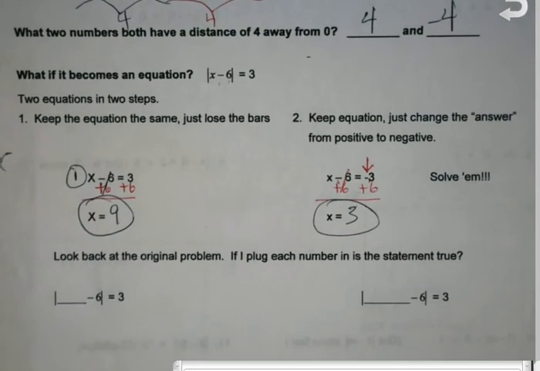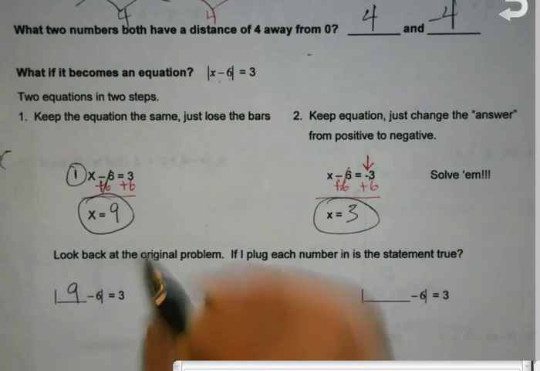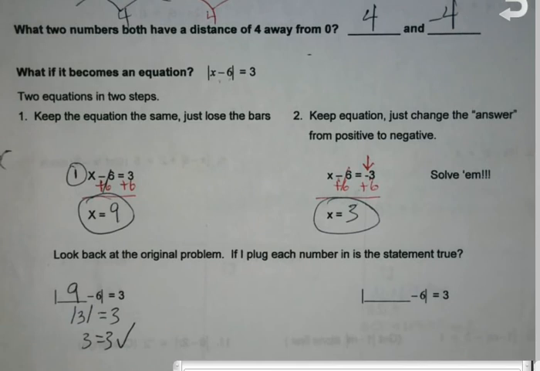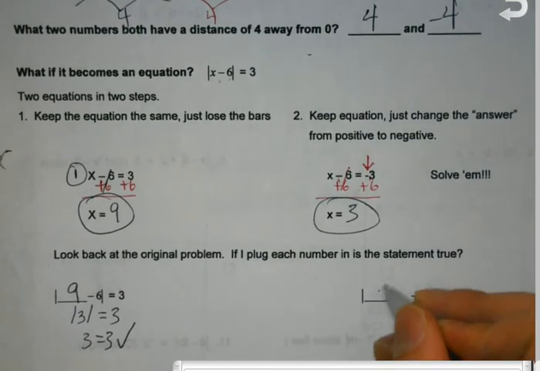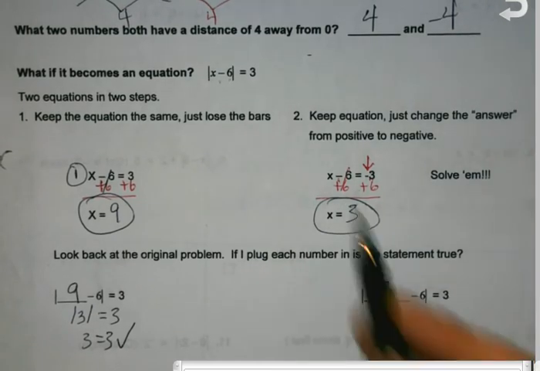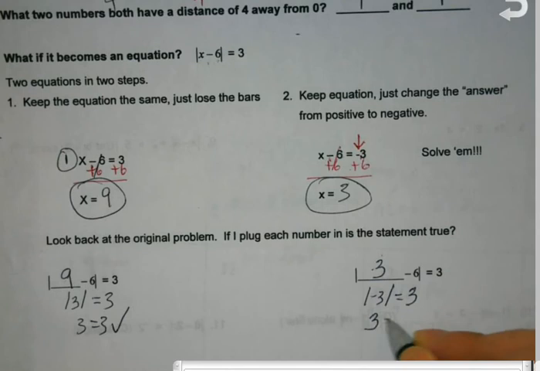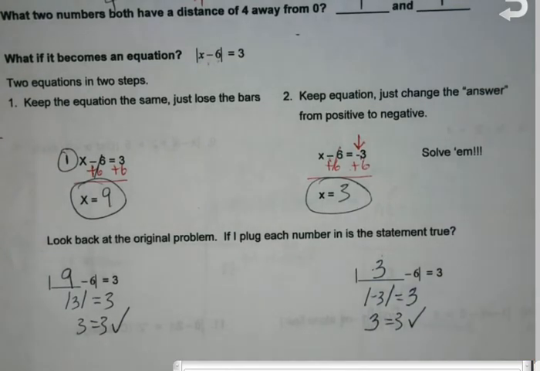So that's what I'm doing right here below, and I should have written it in as I was saying it. Again, the absolute value of 3 does equal 3. If I have 3 as my other answer, 3 minus 6 is negative 3, but once it comes out of the bars, it becomes positive.